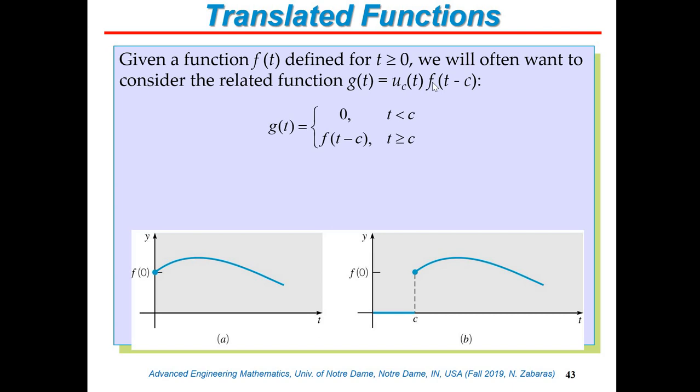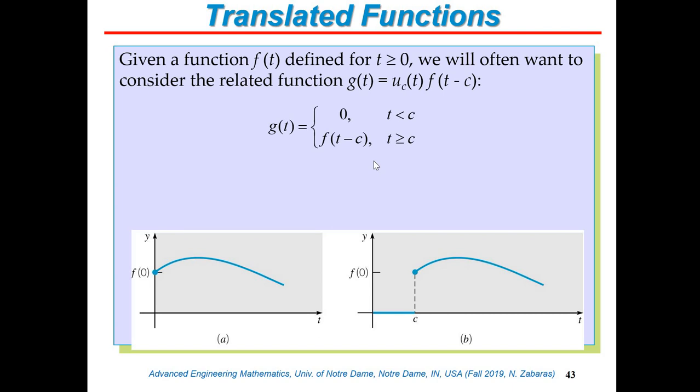So g of t is f of t minus c times a unit step function that forces this to be 0 for t less than c, and after that is equal to 1. So after that we get f of t minus c.